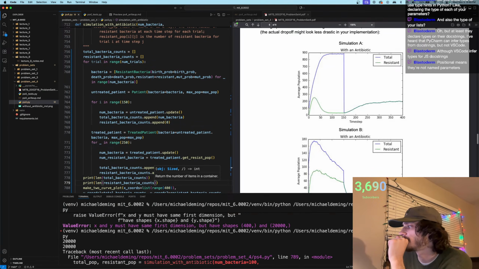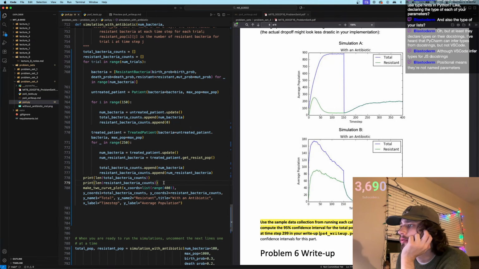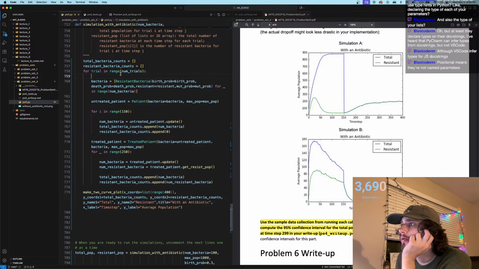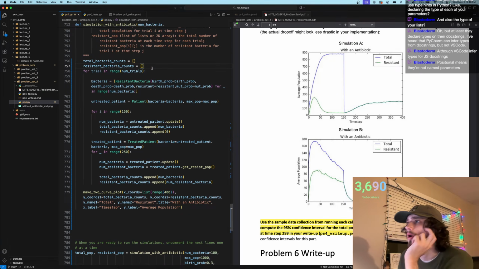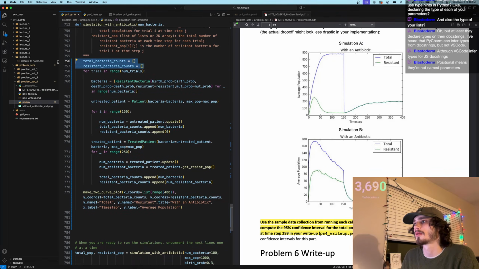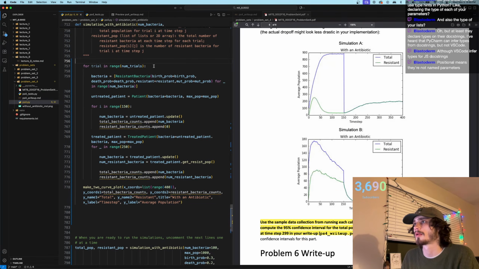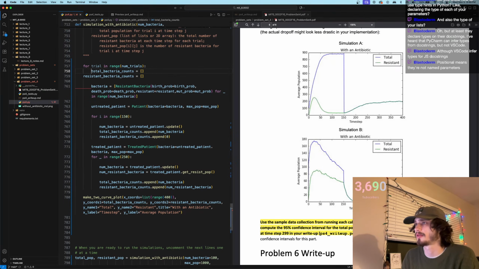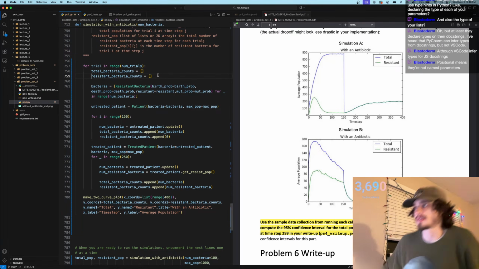Okay, so we're running a trial for the total bacteria counts and the resistance bacteria counts.